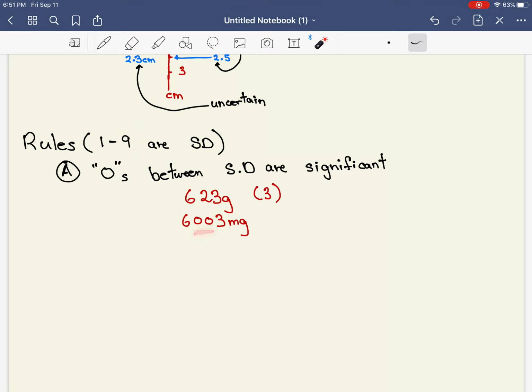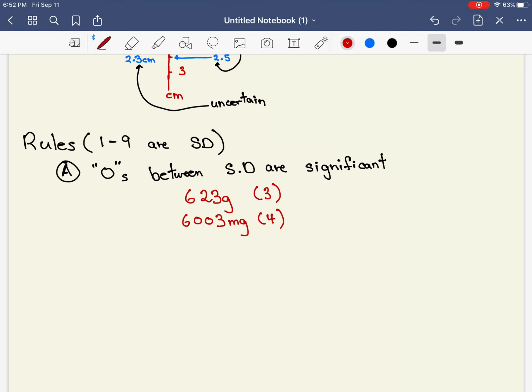What about these zeros? These zeros are between significant digits, so they are going to be significant. So the number of significant digits here is 4, because all 4 of these numbers are important.